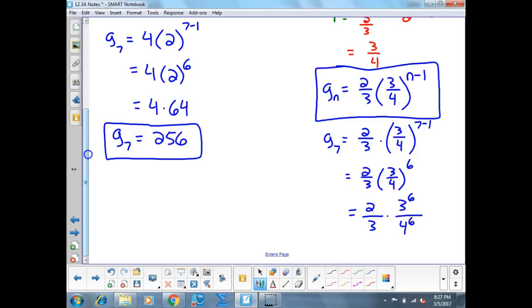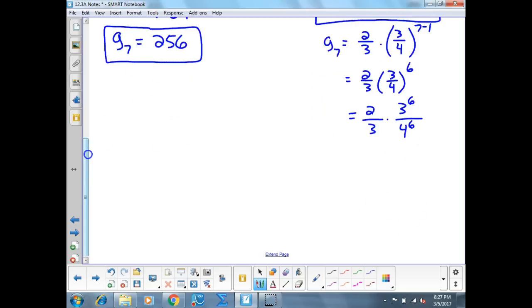And if you figure out what that fraction is, after you simplify it, you get G sub 7 is 243 divided by 2048.